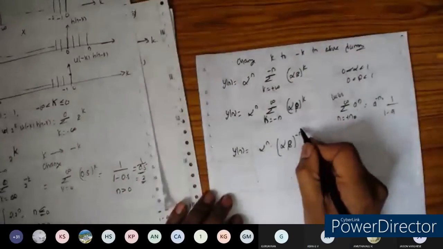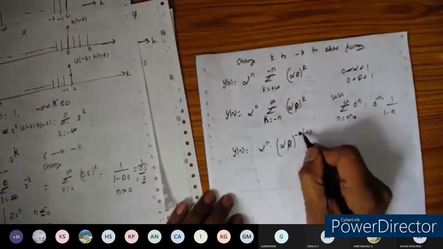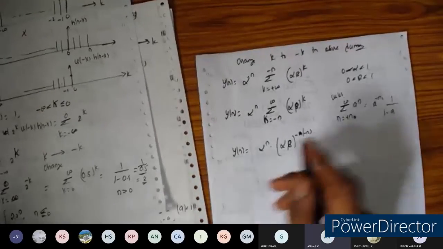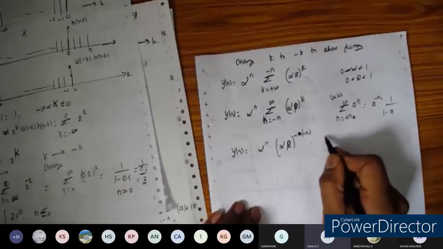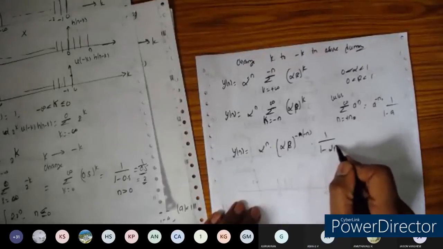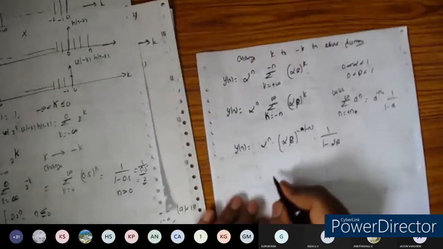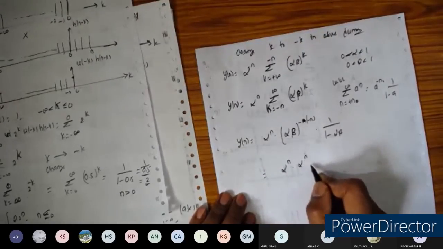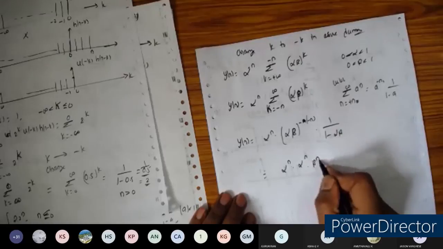So this becomes minus of minus n, which is plus n. Correct now? Yes, sir. Then 1 divided by 1 minus alpha into beta. So this has become alpha to the power of n into alpha to the power of plus n into beta to the power of plus n.